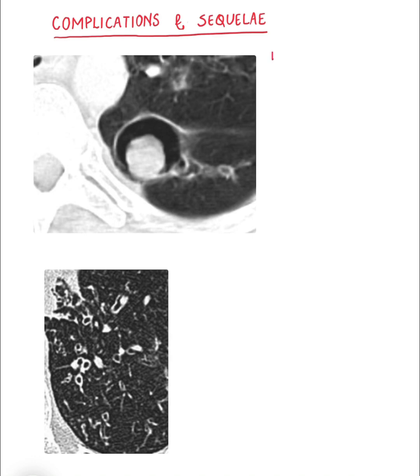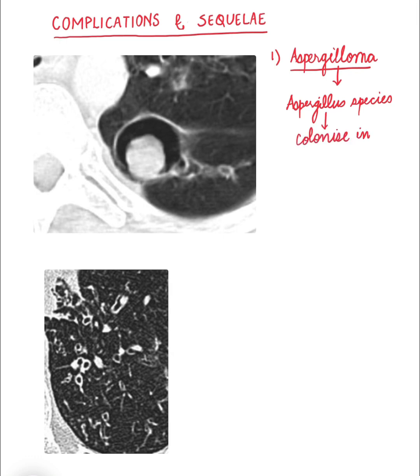Today's topic is complications and sequelae of pulmonary tuberculosis. The first is the aspergilloma. As you can see in the diagram, an aspergilloma usually develops when Aspergillus species, a fungus, colonize a tuberculous cavity.